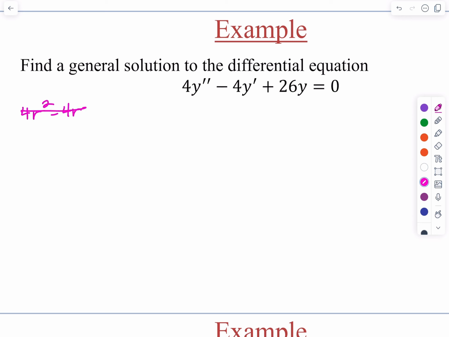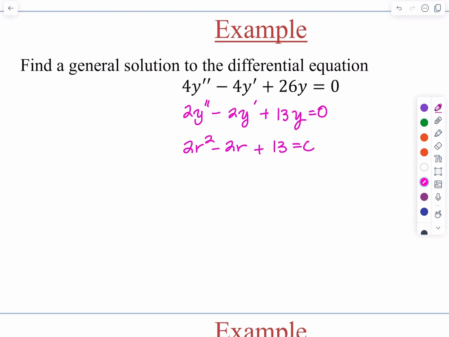Well, we should first simplify this equation, and of course we have 2y double prime minus 2y prime plus 13y equals 0, removing that common factor. So our auxiliary equation is 2r squared minus 2r plus 13 equal to 0.